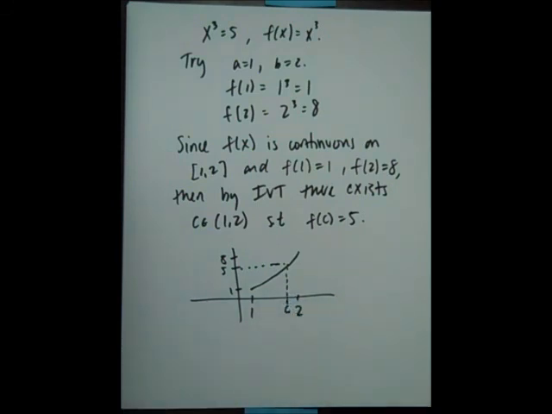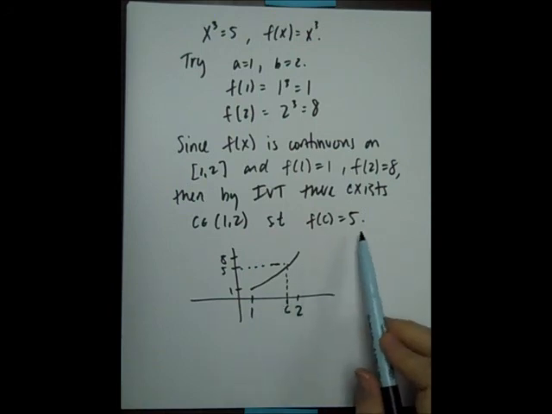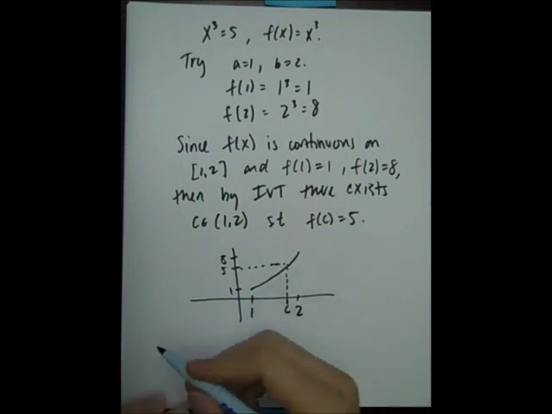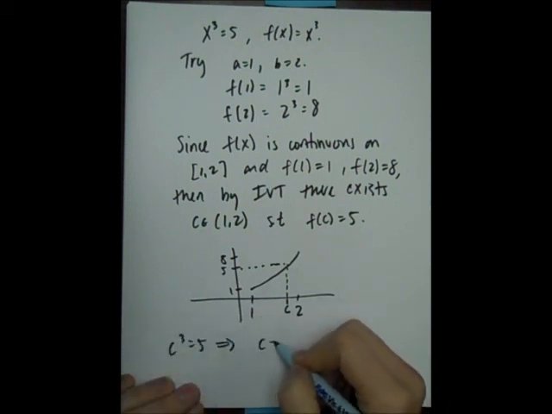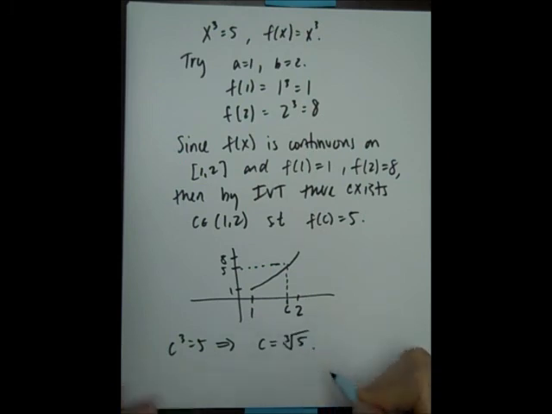The question didn't say find the x value, it just said does it exist. So because we were able to find f of c equaling 5, that means that c cubed equals 5, which means that c is the cube root of 5. So yes, the cube root of 5 does exist. It's between 1 and 2. That's the cube root of 5. So by using the intermediate value theorem, we were able to show that the cube root of 5 exists.